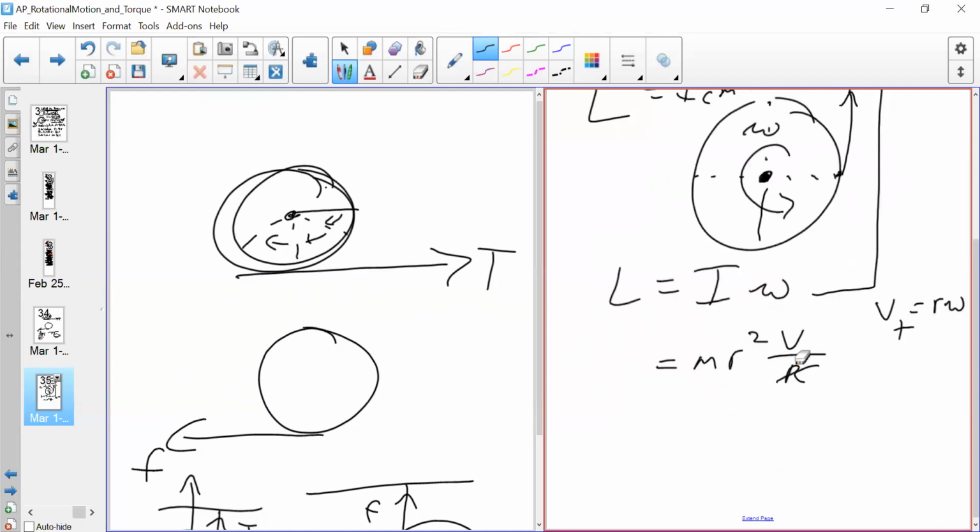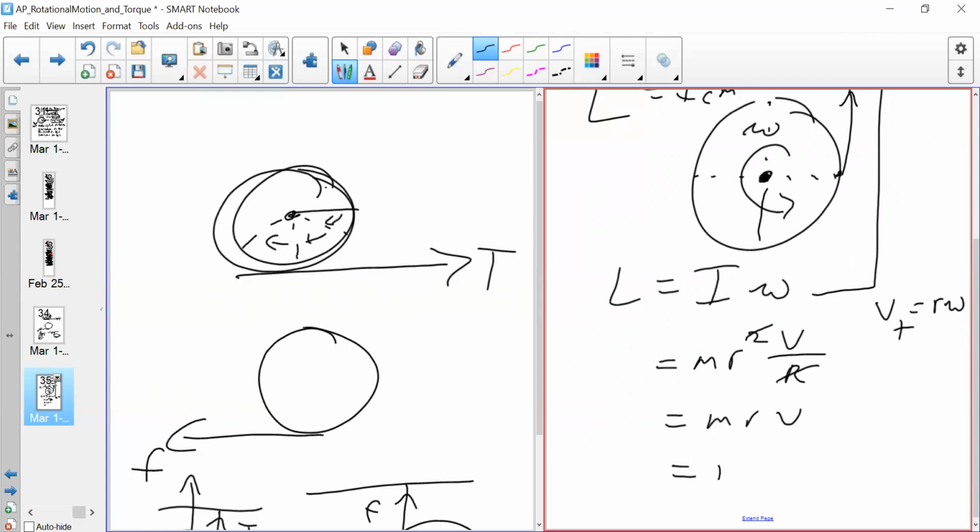So if we continue on here, this is going to be mass m, r times v. Technically, I'm not going to get into the cross product mathematics that you can see in section 1. You can read that if you wish, but for our purposes, I don't believe we're going to need to divulge those too much.